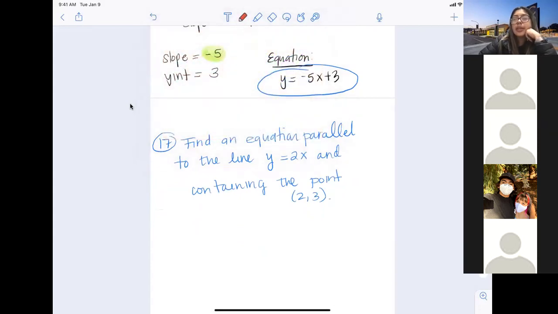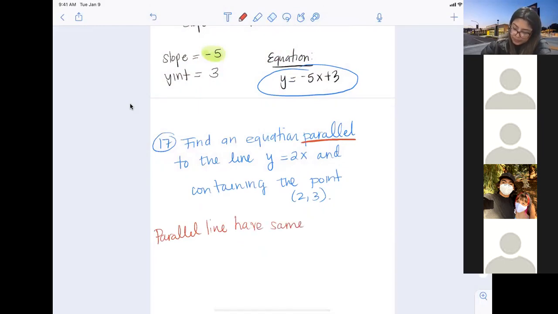For something like this, what does it mean to be parallel? That's the first thing I want to get at. When they're asking for a parallel line, it has the same slope. So we use the equation that they're giving us, y equals 2x. The slope of that line is 2. So what do I know about my parallel line? That I'm going to have the same slope. My slope is going to be the same one, 2.